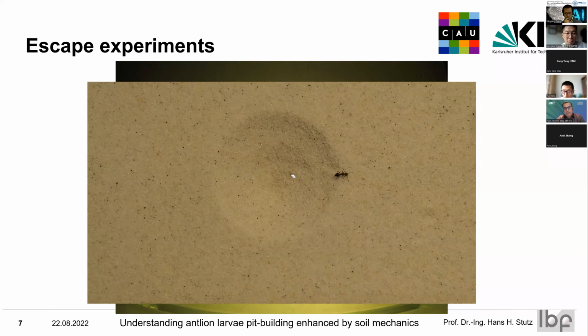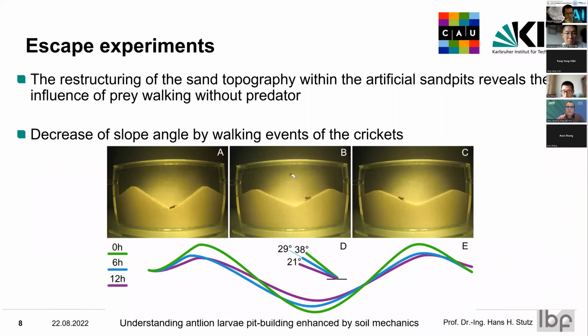Okay, there it is. So here you see some of the results from this video we have captured, and then we also measured the slope inclination. So at the beginning it was 38 degrees in green. You see the topology here at 0 hours.